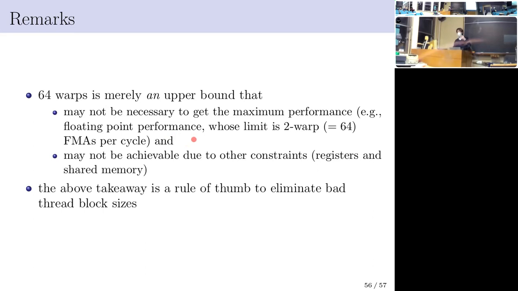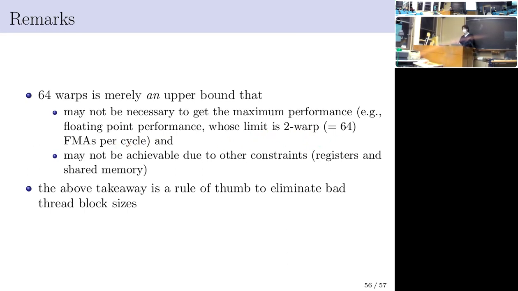If you're trying to maximize the floating point performance of your program, then the thing you need to accomplish is to execute 2 FMAs every single cycle. So 64 FMAs every single cycle.